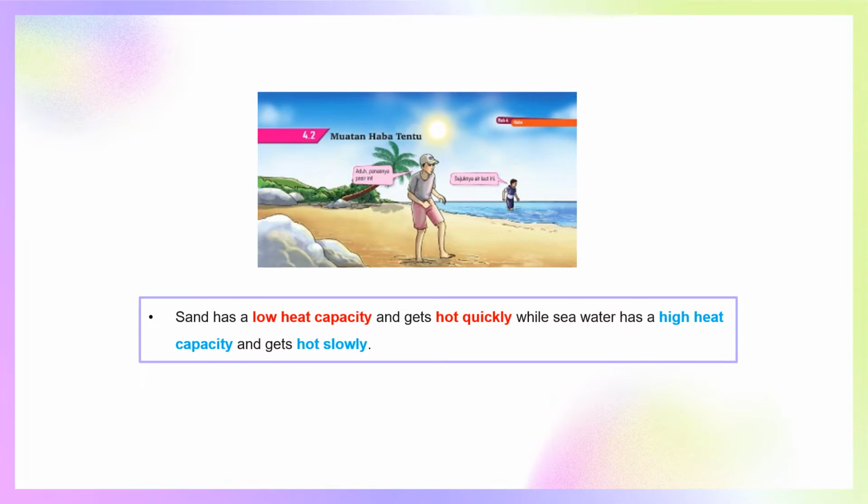Low heat capacity means they gain heat faster, so they will get hot faster, while high heat capacity means they need more heat to warm up. It means that they will get hot slowly. So from this diagram, the sand has a low heat capacity and takes a shorter time to heat up, while the seawater has a high heat capacity and takes a longer time to heat up.